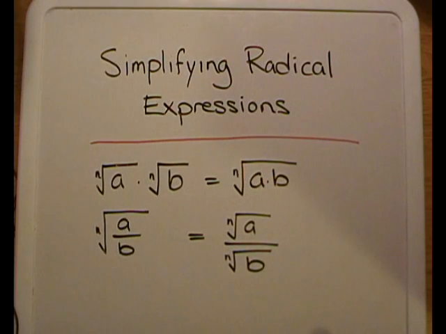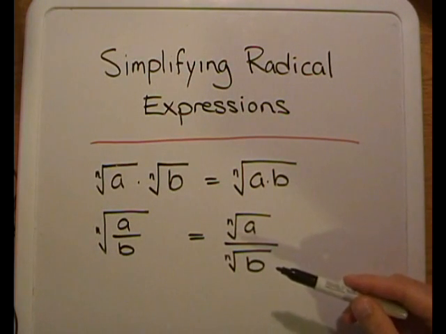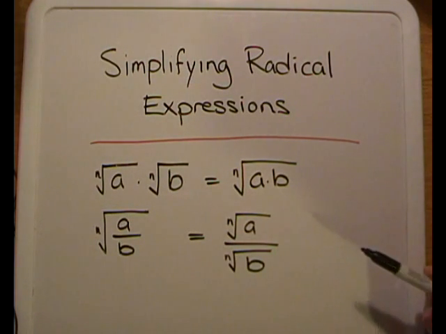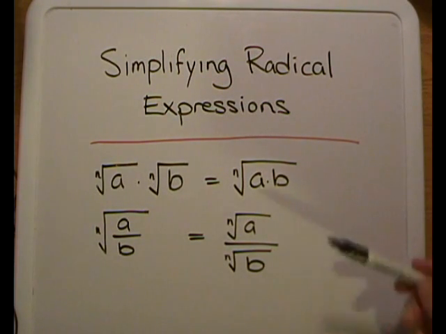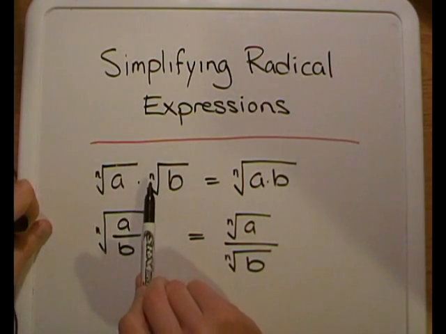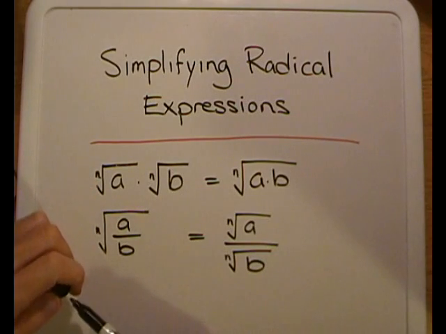What this index sign means is simply that these rules all apply to all radicals. So all roots, which means the square root, the cube root, the fourth root, the fifth root, and so on. So they apply to all roots, as long as the indexes are the same on both of these roots.